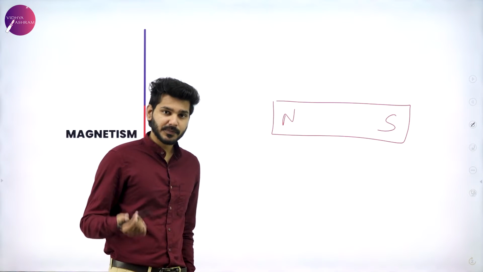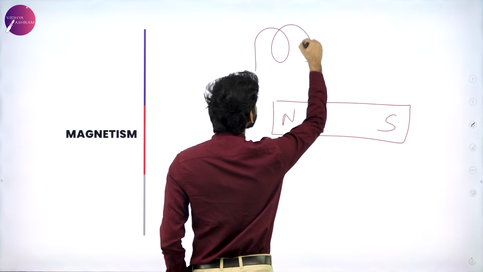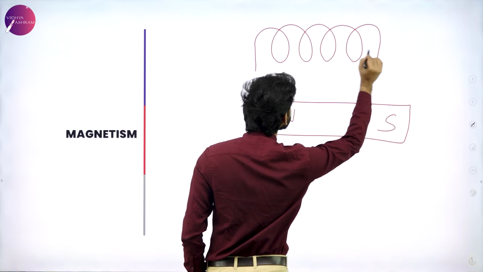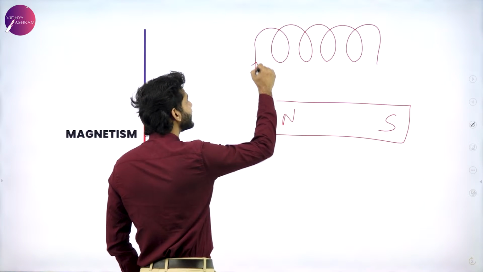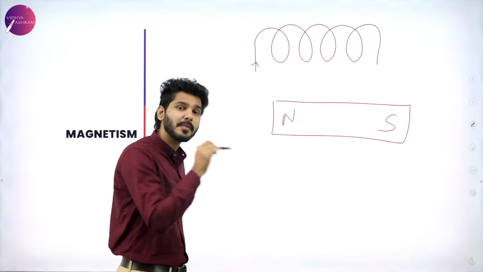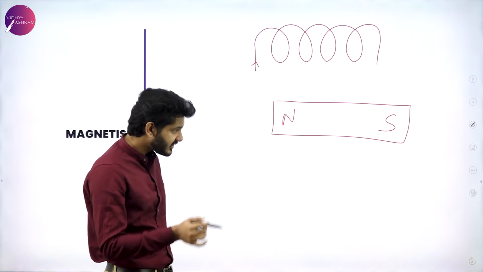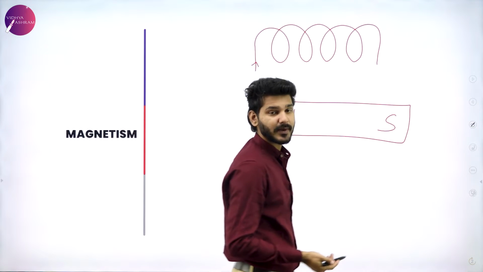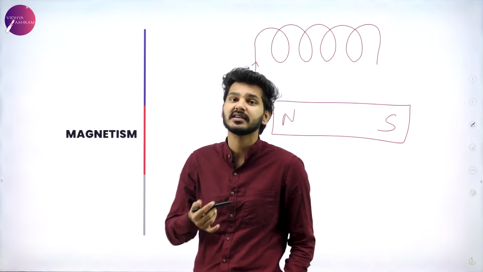If you remember the previous chapter, we said that a current carrying solenoid, imagine that this is a current carrying solenoid, then we discussed that this particular bar magnet behaves like a current carrying solenoid, which means it will have the same properties of magnetic field and it will have the same effects when we deal with solenoids.